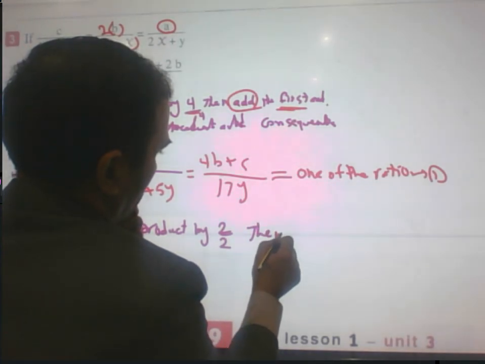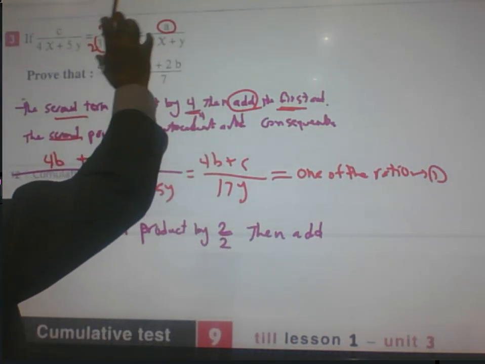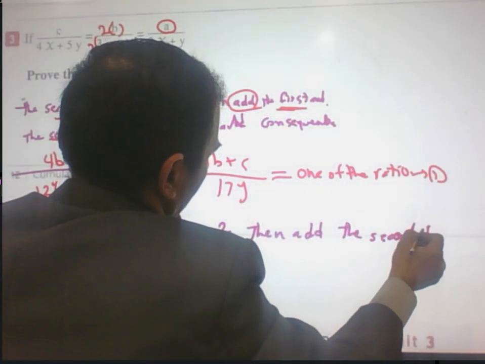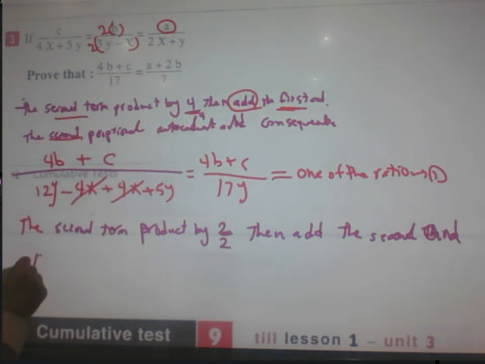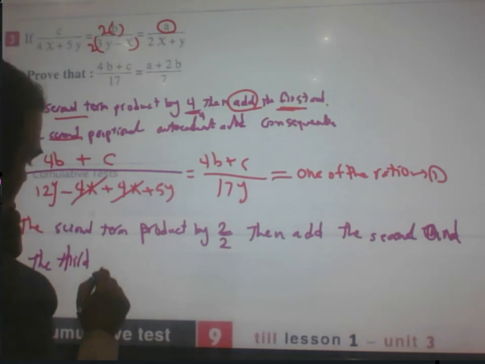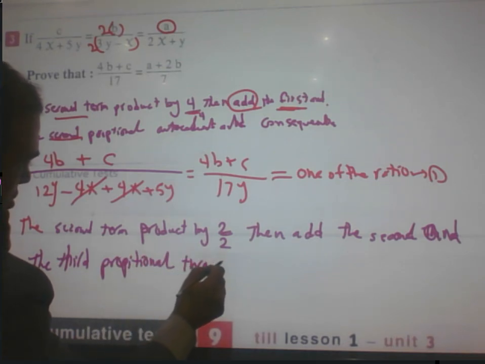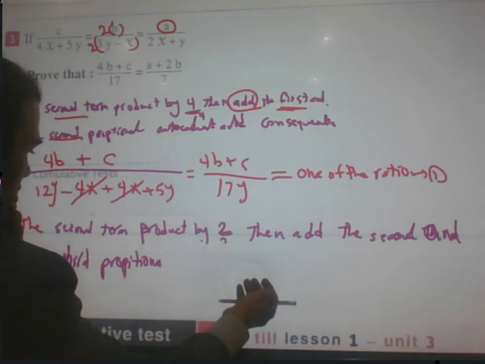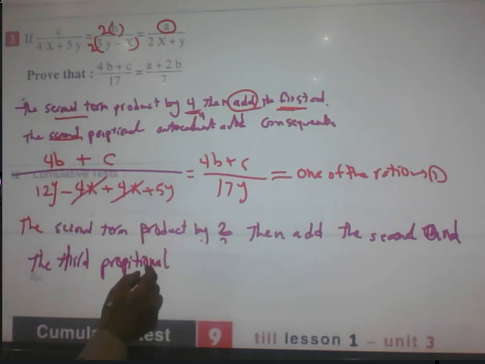Then add what? Who can tell me? Add the second and the third proportional, numerator by numerator and denominator by denominator. Then add the first, second and the third proportional together, consequent by consequent, and antecedent by antecedent.